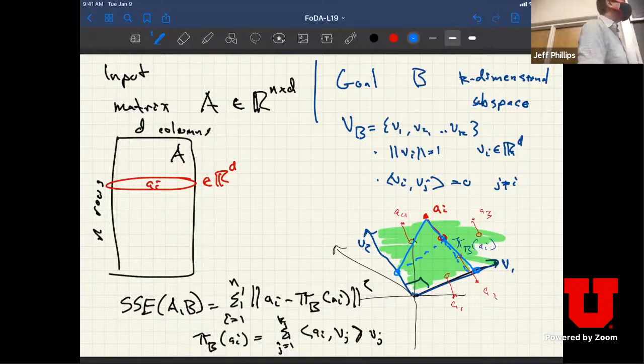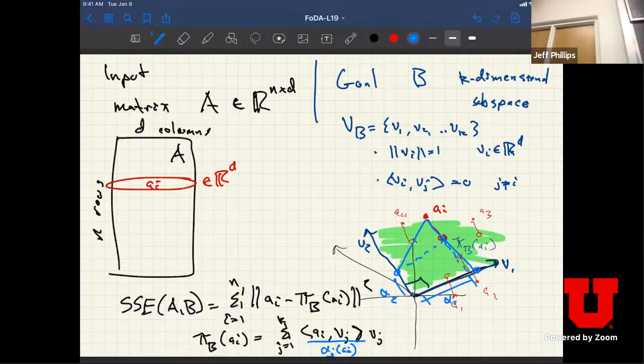So I get these coordinates: this is an alpha 1 coordinate, this is an alpha 2 coordinate, and in a two-dimensional space I can think of this as a two-dimensional coordinate of the new projected point. So I can think of this term as alpha_j of A_i. It's a coordinate in a lower dimensional subspace.